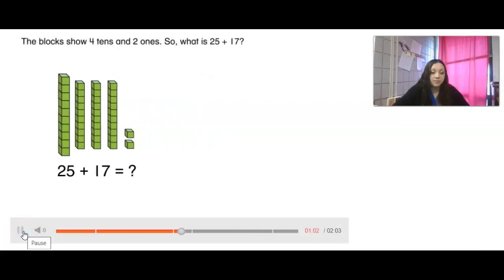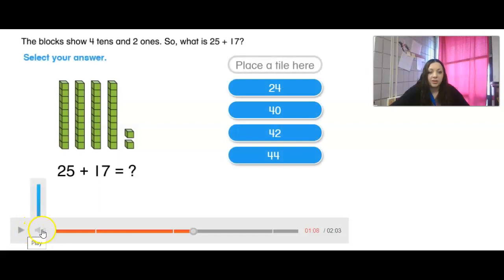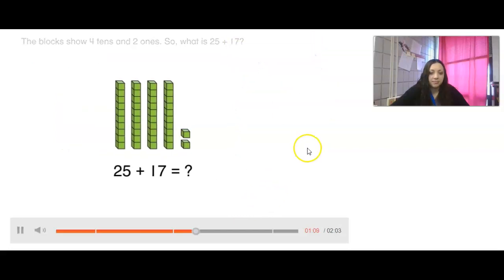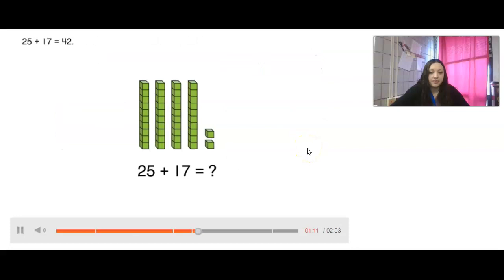The blocks show 4 10s and 2 1s. So, what is 25 plus 17? So what number? Select your answer. 4 10s and 2 1s is what number? 42. That's right. 25 plus 17 equals 42.